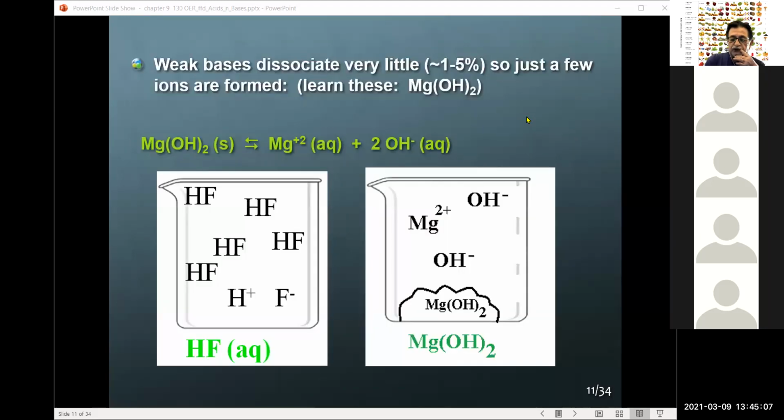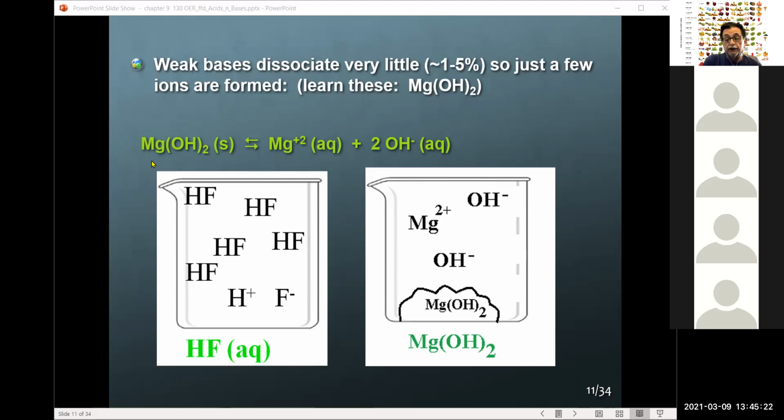Now, how do we show that? Before I do that, here's another example of an ionic compound that we would think is ionic, so it should go into water 100%.